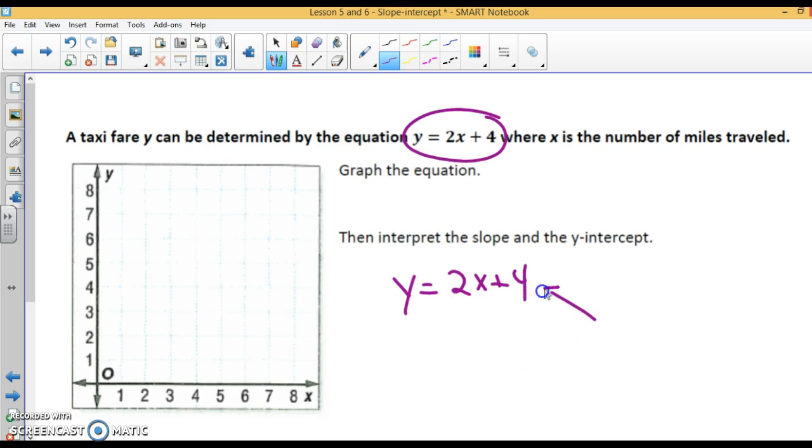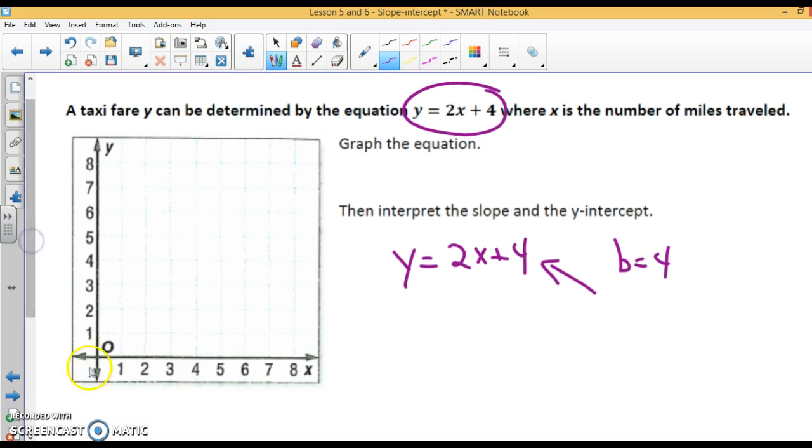So I have 1 point right here, b, which is the y-intercept, 4. So I am going to go to my y-intercept, 1, 2, 3, 4, and put a point. That's our first point. My slope is 2, but I'm going to write that as 2/1. Well, isn't that rise over run?